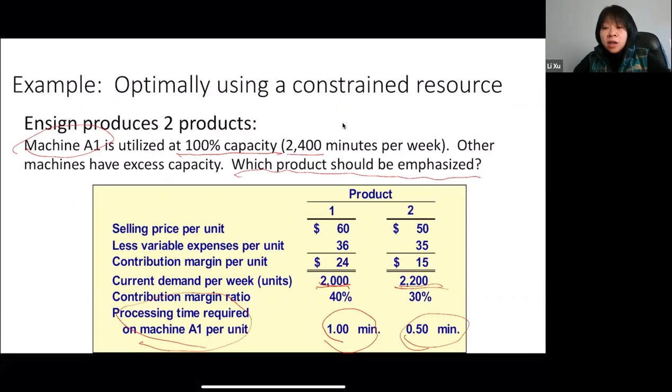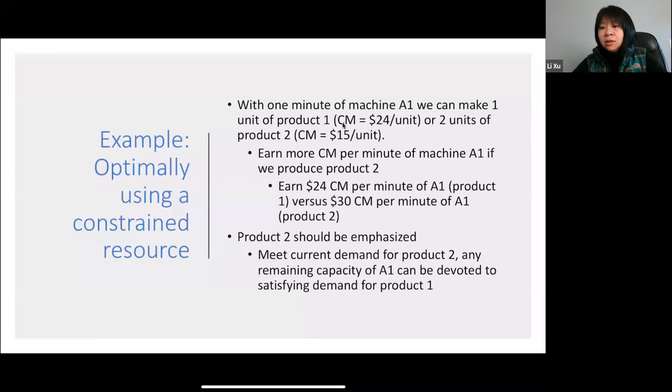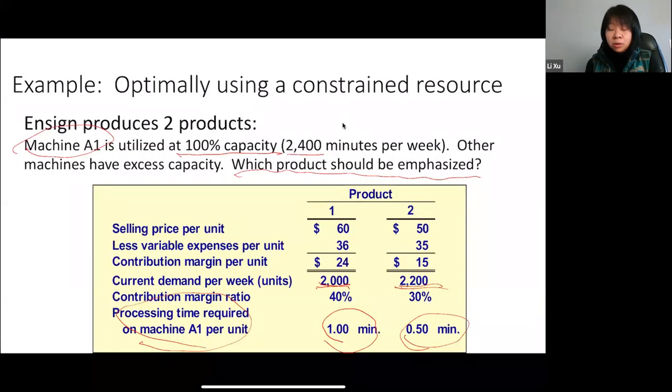So how to solve a question like this? To solve a question like this, first we need to calculate the contribution margin per constrained resource. Okay. So that's what we're going to do. I want to make sure you remember some of the numbers. Contribution margin per unit for product 1 is 24, for product 2 is 15.